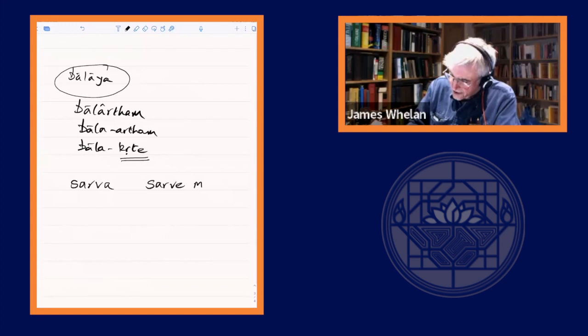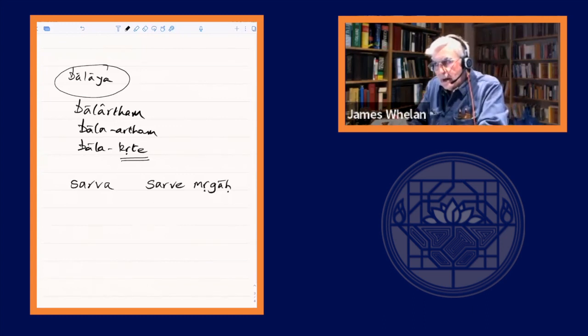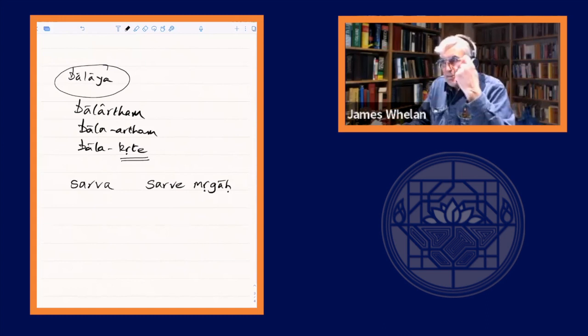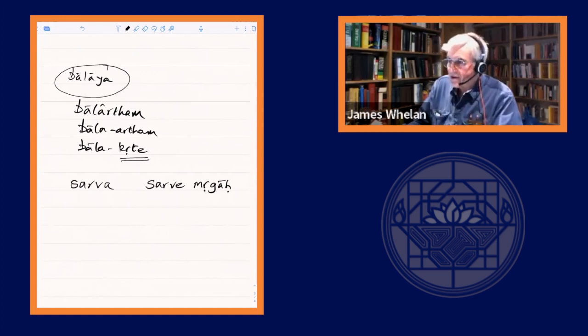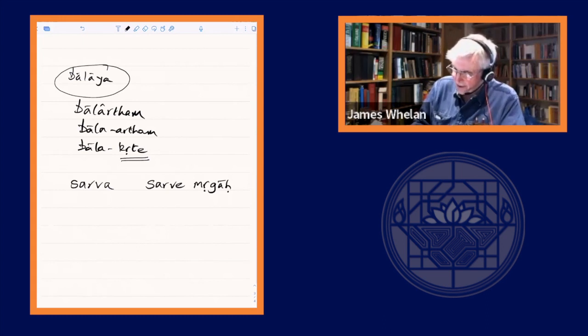So all the deer would literally be sarve mriga. It's the same in Pali when we chant sabbe buddha. In Sanskrit, sarve buddha; in Pali, sabbe buddha. It's the same rule. Anyway, don't worry about that too much, it's something we haven't got to yet. But just remember, there are certain words that make their nominative masculine plural with an a.